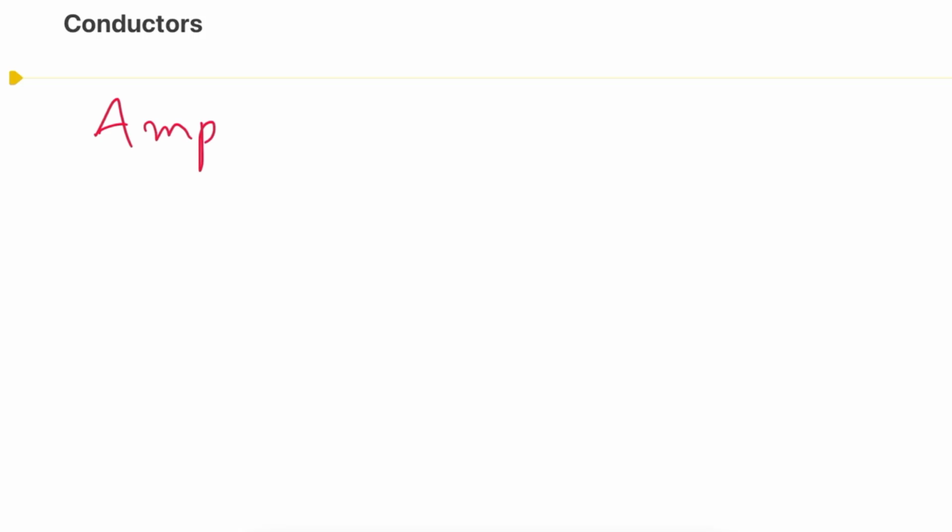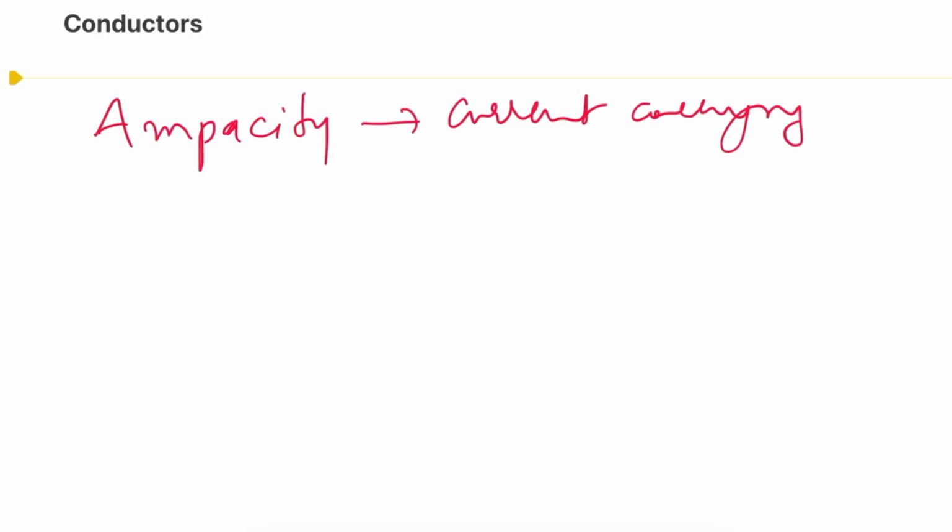Ampacity means current carrying capacity. It depends on the resistance of the conductor or conductivity of the conductor. So, higher the conductivity, the ampacity will also increase accordingly.